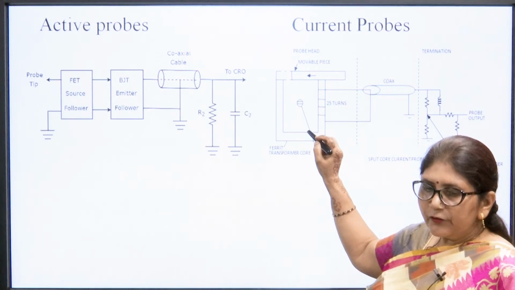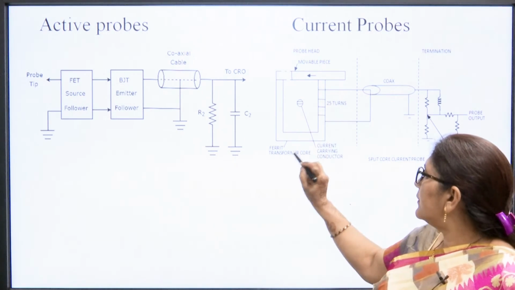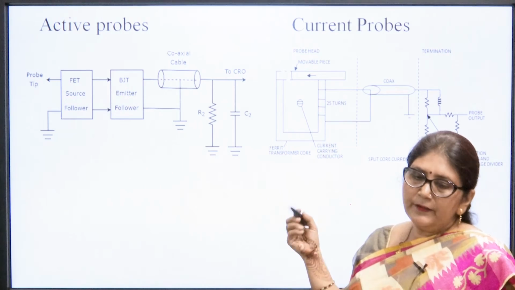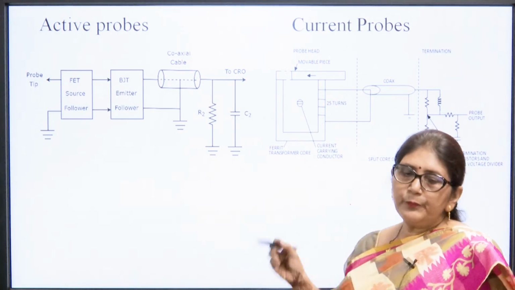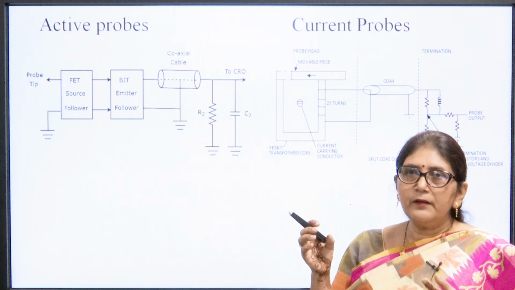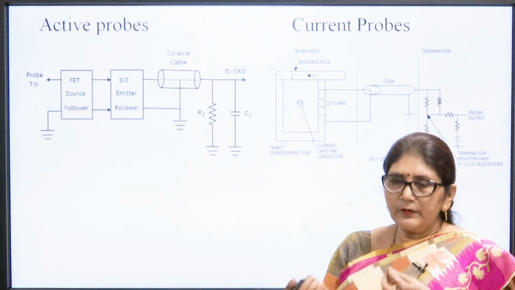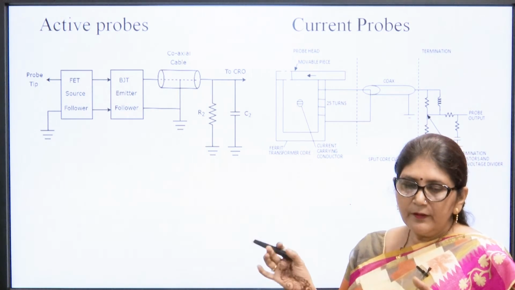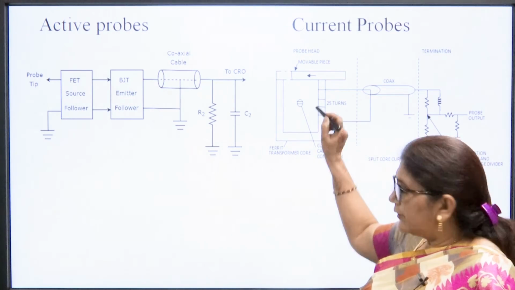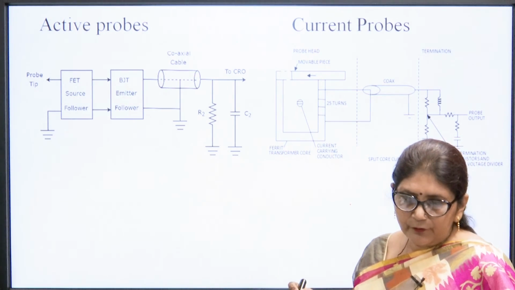The change in that electromagnetic field is sensed by the ferrite transformer core, and then the instrument will measure the current. So, here we do not need to break the circuit in which we want to measure the current. We can just put the probe here and it will show the current.